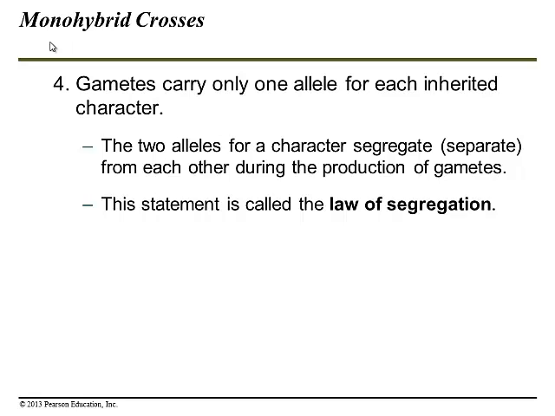Gametes are only going to carry one copy, right? Half the genetic information, one copy of each allele. The two alleles for a character are going to separate in those gametes. When we talked about meiosis, we talked about the separation of the pairs. Remember that?